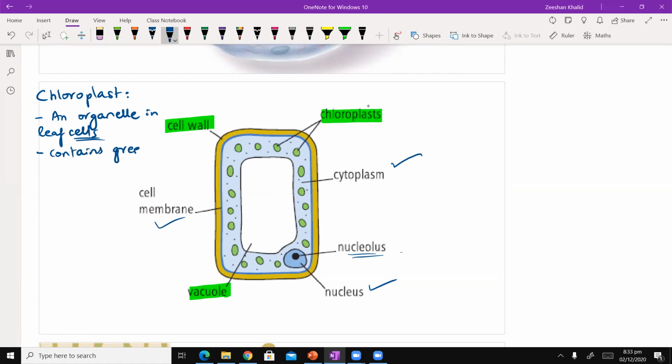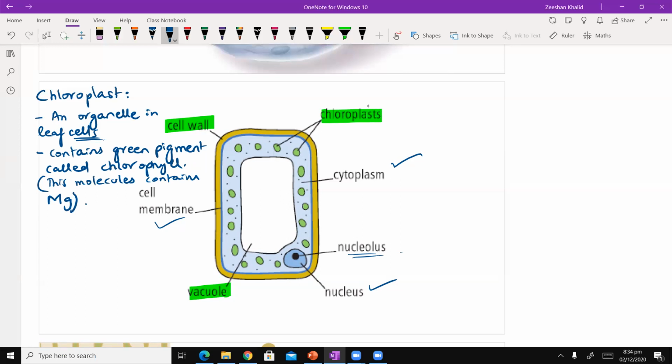Contains green pigment. Who will tell me the name of the pigment quickly? Called chlorophyll. Well done, chlorophyll. One thing we need to know about the chlorophyll molecule is that it contains a very important element called magnesium.